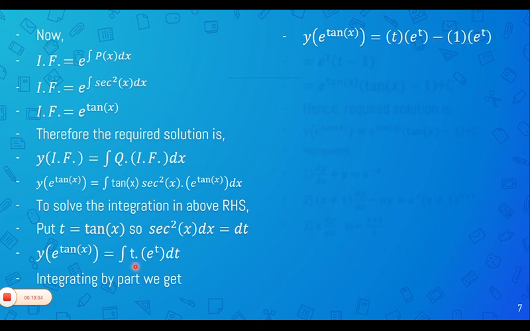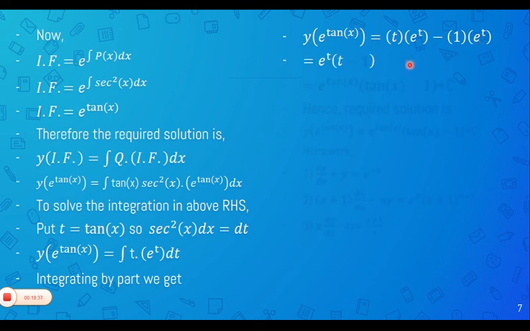In the first bracket you put the first function as it is, in the second bracket you put the integration of e raised to t. Then minus, take the derivative of t and put it in the first bracket, and again take the integration of e raised to t and put it in the second bracket. So this is the value of the integration.